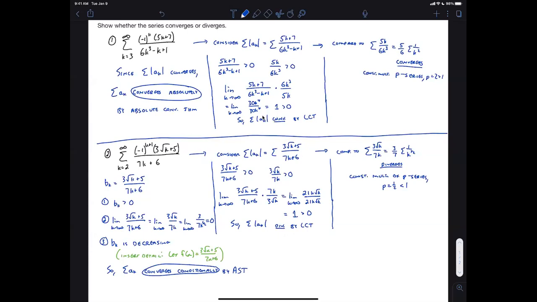Now, if this converges, then the one on the left is easy. It converges absolutely, automatically, by the absolute convergence theorem. You could choose to do the alternating series test, but you don't need to because we already know this converges. So we get the pattern that, okay, this converges, and we go back, and this converges absolutely.